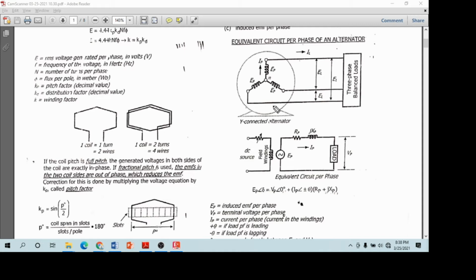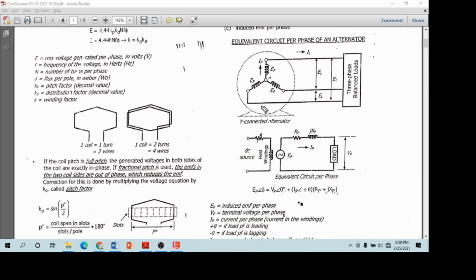As the rotor rotates by the use of a prime mover, since it is coupled with the shafting, the rotor generates DC supply that goes to the field windings of your rotor.